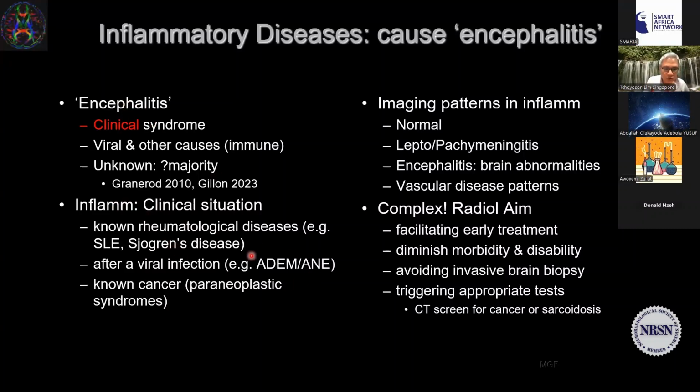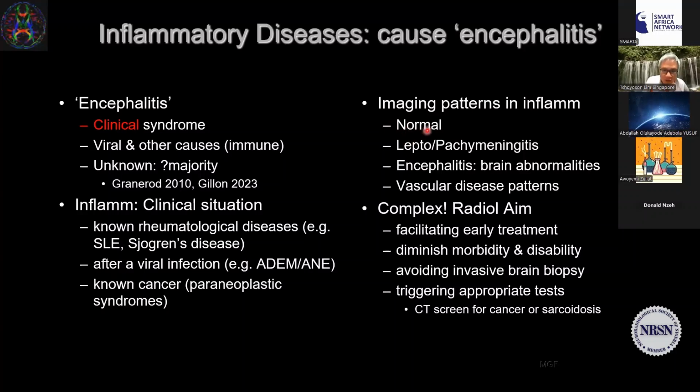And here we're looking for patterns of ADEM and ANE, which I've just described. And finally, paraneoplastic syndromes in a patient with known cancer or sometimes unknown cancer can give you a clinical syndrome of encephalitis. So those are the clinical situations that we typically see them. And here, let's talk about the imaging patterns in this class of diseases.